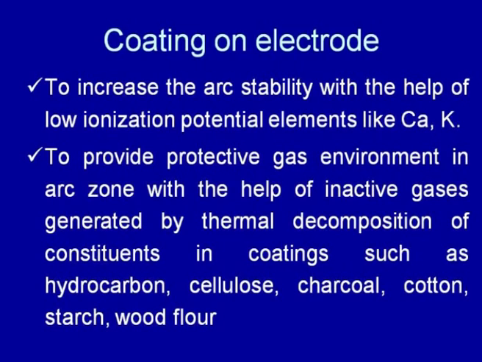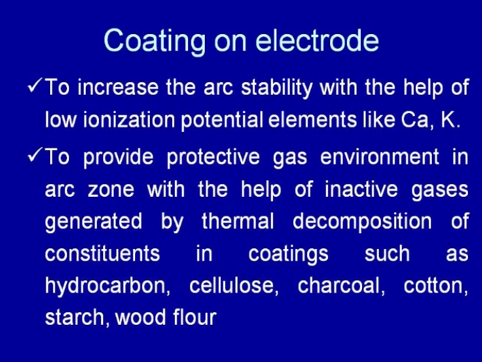The first one, when the coating is provided, it should help to increase the arc stability, and this is realized with the help of low ionization potential elements like calcium and potassium.